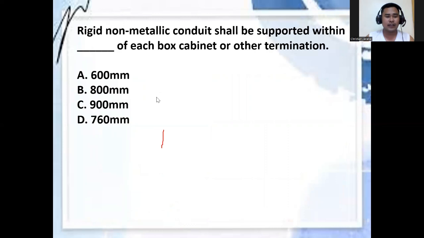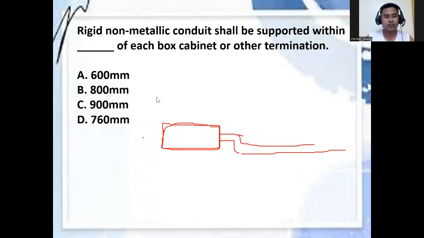Say for example, ito po yung tinatawag nating junction box. Ayan ha. Ayan. So ito the RNMC or the conduit is being attached to this part here or nagamit siya ng offset. Ayan, no? Offset connection na ginamit natin dito.